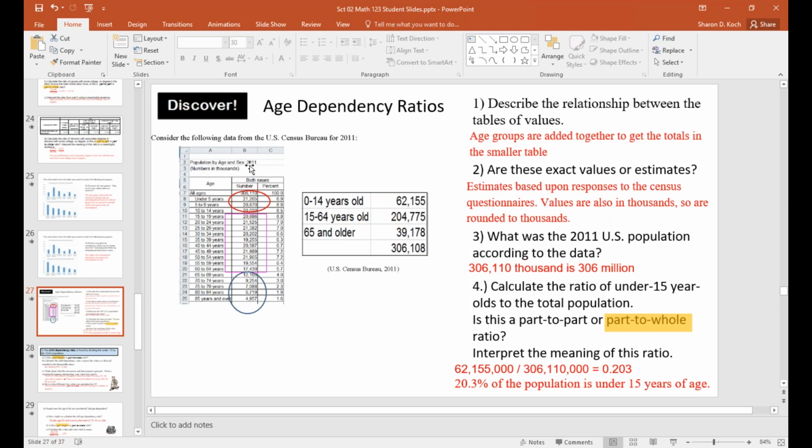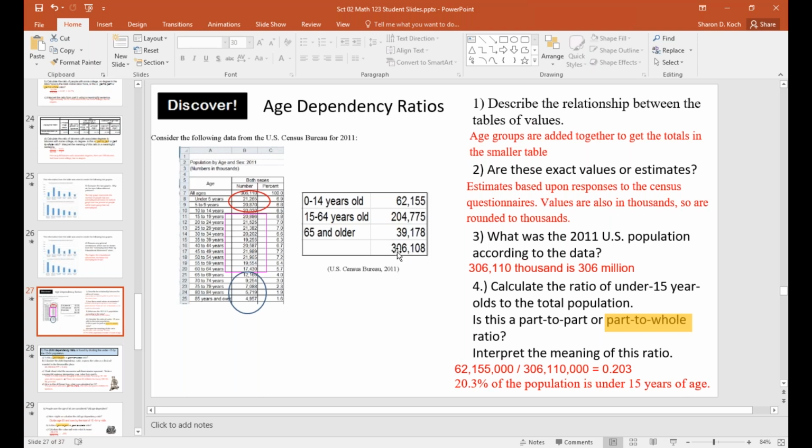Government websites purposefully like to make their numbers more concise, so they'll show us an abbreviated version and tell us what they mean. In this case, numbers are in the thousands. That means we would take this number and multiply it by 1,000 to get the actual value. Multiplying by 1,000 is the same thing as adding 3 more zeros onto that number.